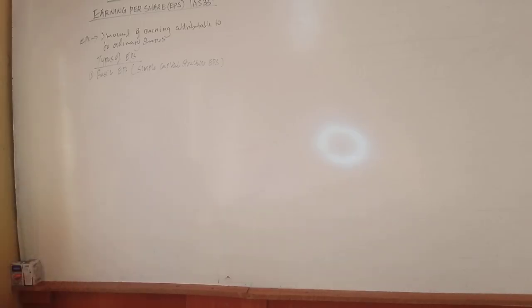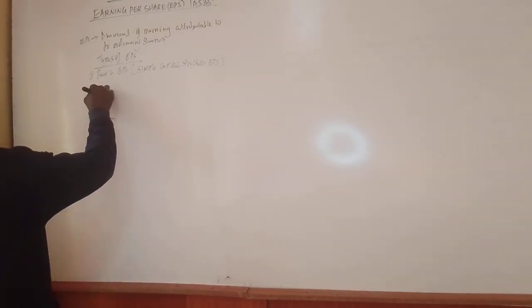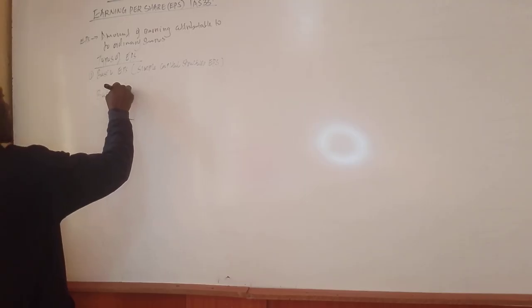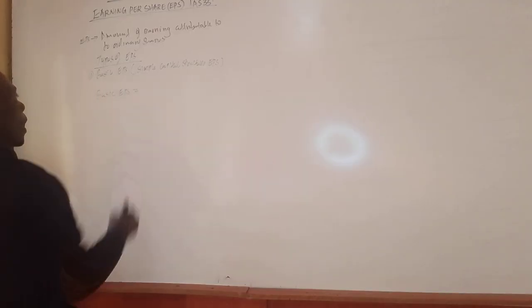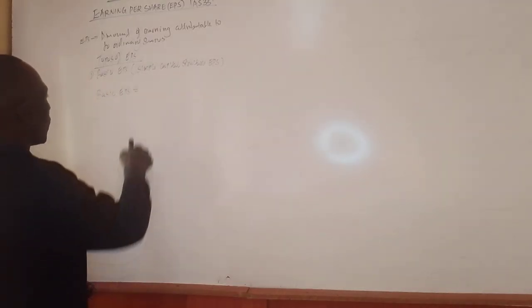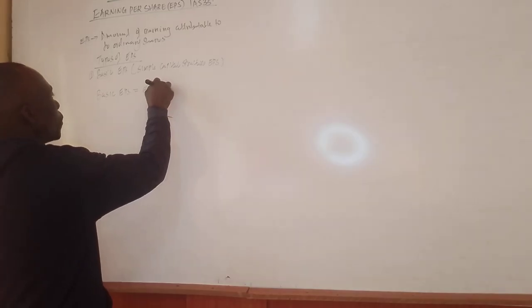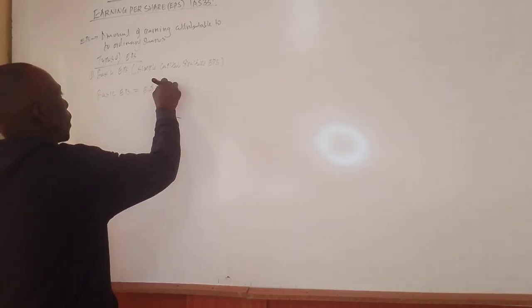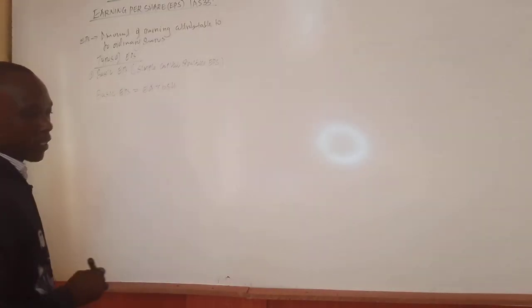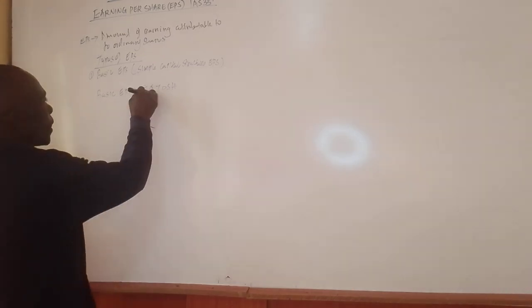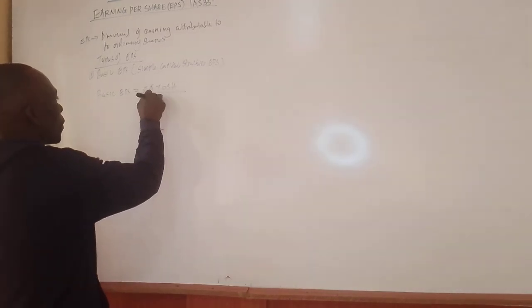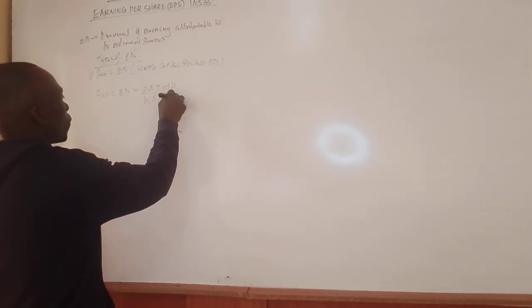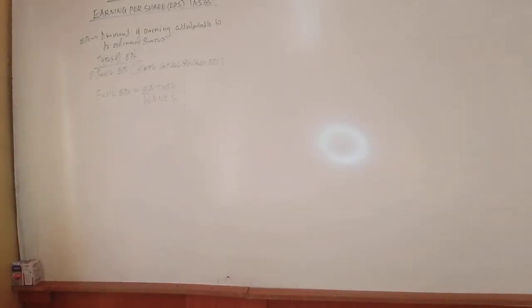And when we talk about the basic EPS, for us to get it, we will be taking the earnings attributable to ordinary shareholders, then we divide by the weighted average number of ordinary shares.